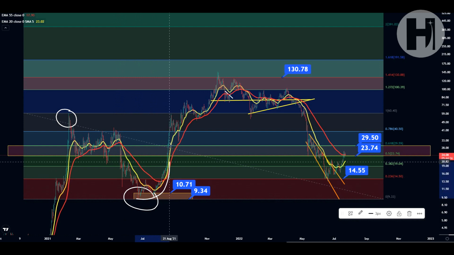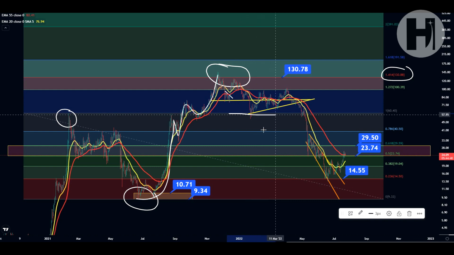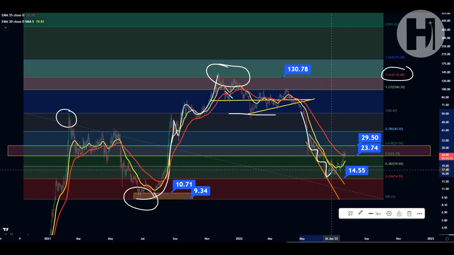So you can see that we had this nice run up, and we got overextended to the 1.414 at $130, which was a very good point to take some profits, which I did tell you guys it would be smart taking some profits there and maybe buying back in at the previous all-time high at $60, but obviously the price did come down lower, and now this is a good time to be dollar cost averaging.